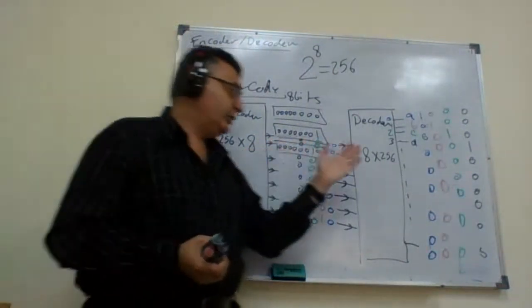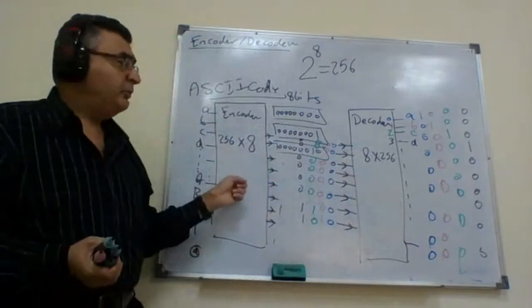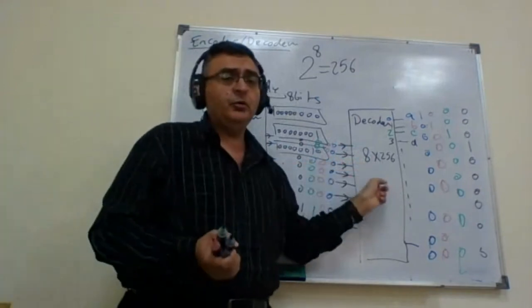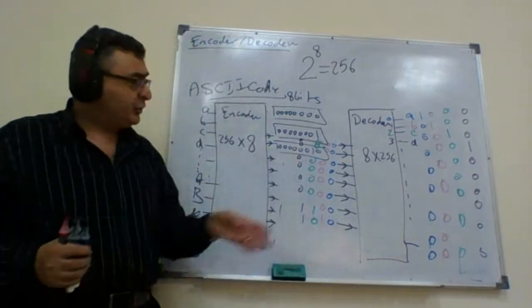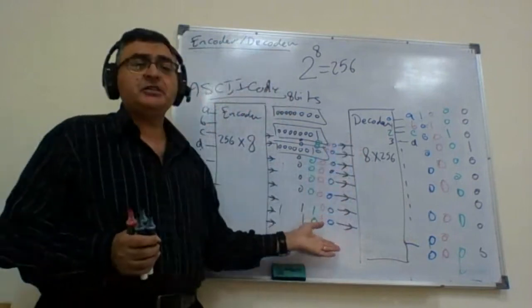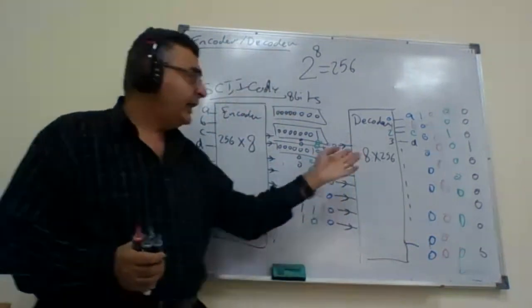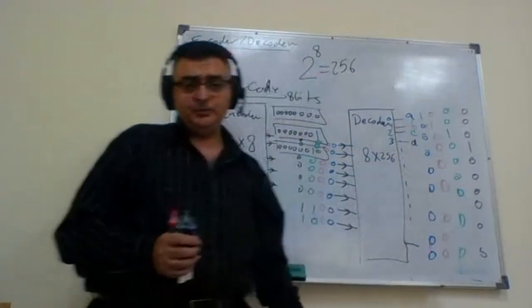So the decoder, which we focus on more than the encoder because the decoder has more usability in different circuits. The decoder has a specific number of inputs and has 2 to the power the number of inputs as outputs.